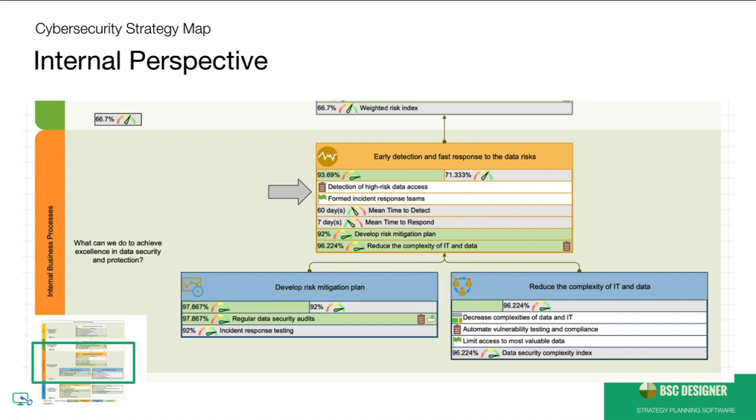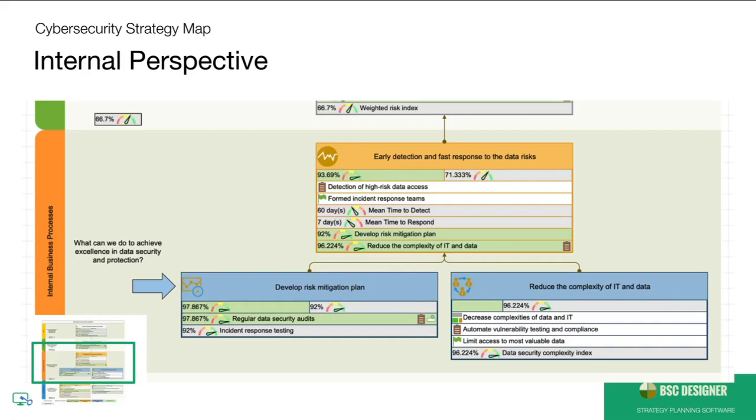There are two more goals in the internal perspective: develop a risk mitigation plan and reduce complexity of IT. They contribute to the early detection goal as success factors, and their performance is shown as leading indicators.